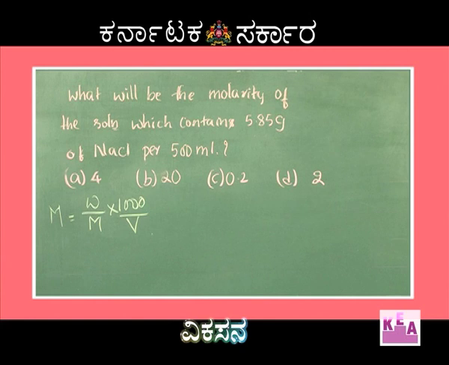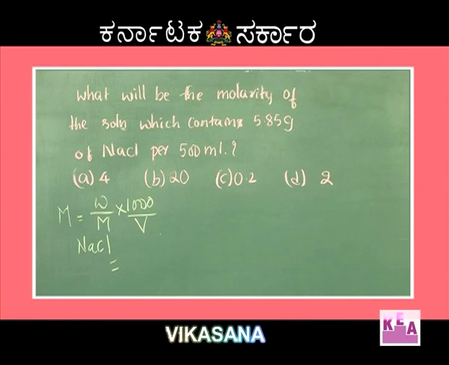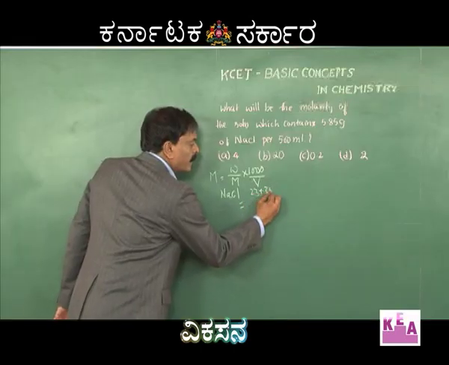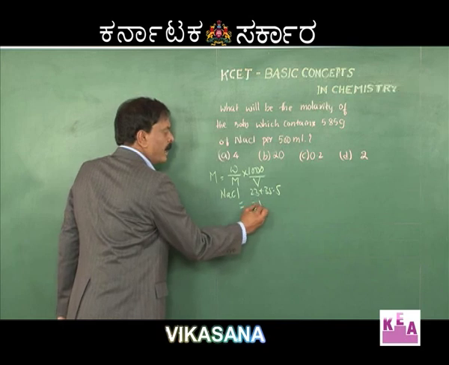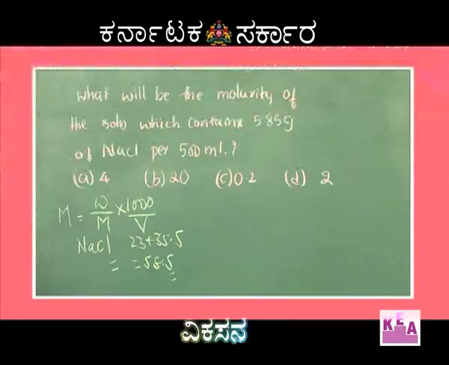Now, coming to this question, the solute is sodium chloride. Sodium chloride is NaCl. Its molecular mass will be the sum of the atomic masses of the elements in it, that is 23 plus 35.5, that will be equal to 58.5. So, 58.5 is the molecular mass of sodium chloride.